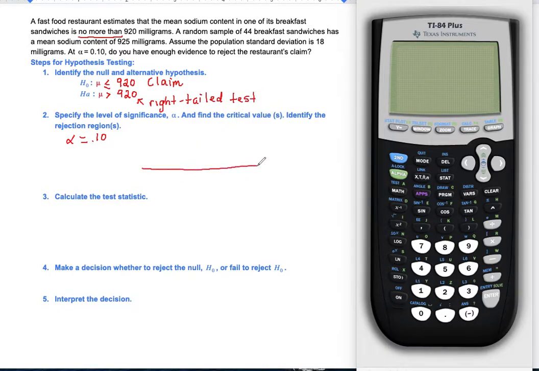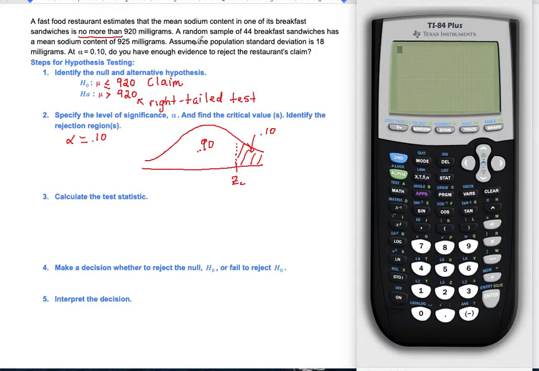To find the critical value, we look at the normal bell curve, and we are looking for a z that contains an area to its right of 0.10. That means the area to its left is 0.90.